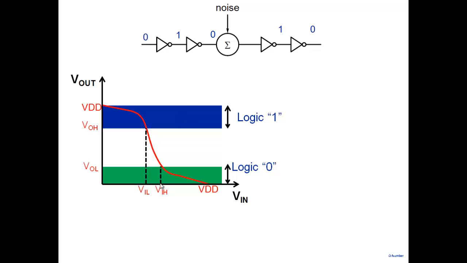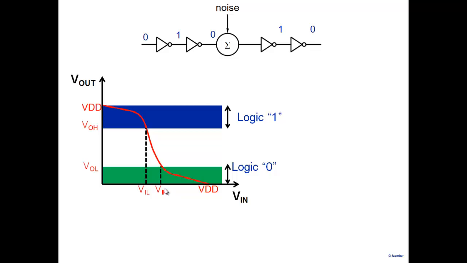And similarly, I can define a voltage VIH. It says I can apply a voltage down to VIH and get a logic 0 here. If I apply more than VIH, of course I get a logic 0 here. But I can go down to VIH and still get a logic 0 here. So we get these four: VOH, VOL, and corresponding to VOH we get a VIL, corresponding to VOL we get a VIH.